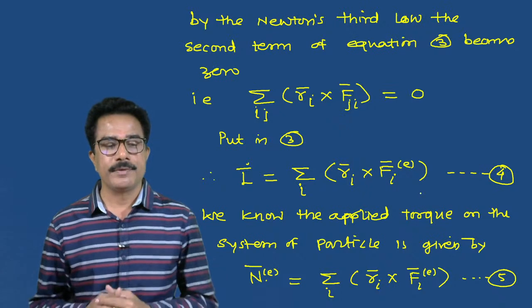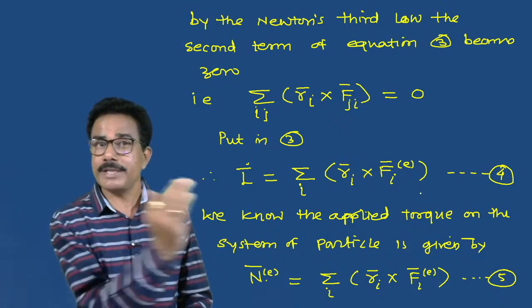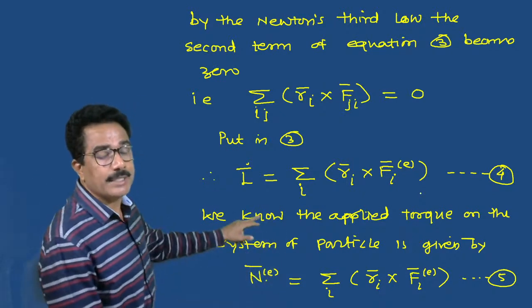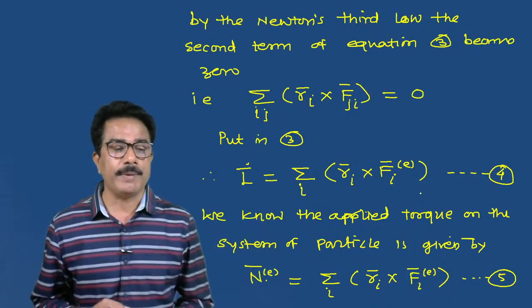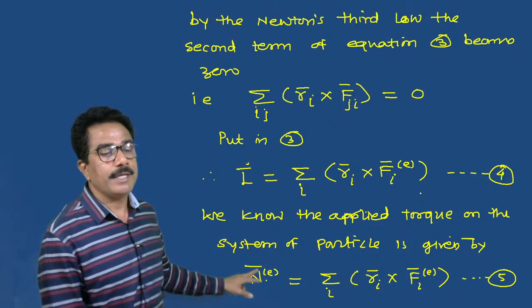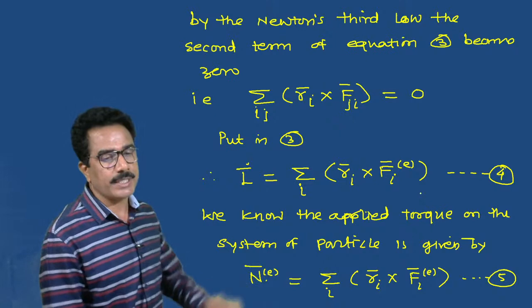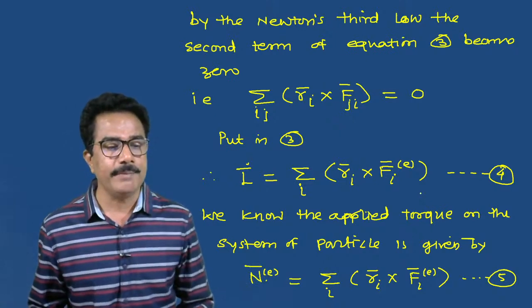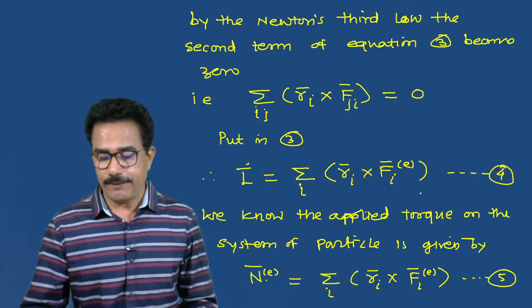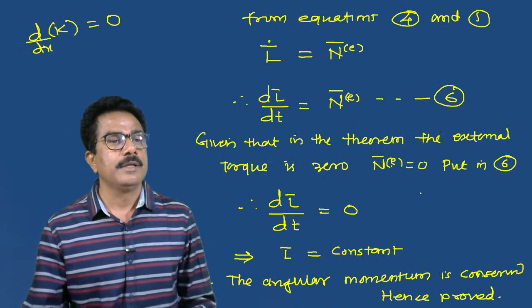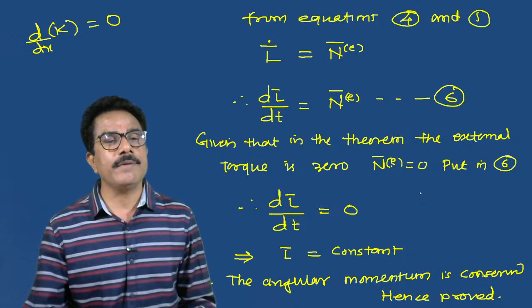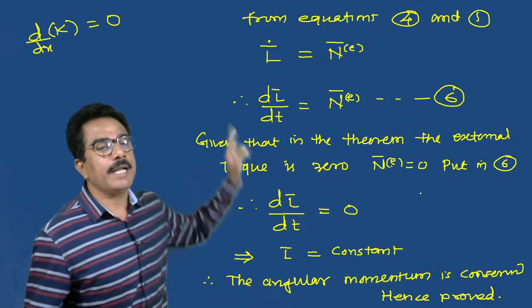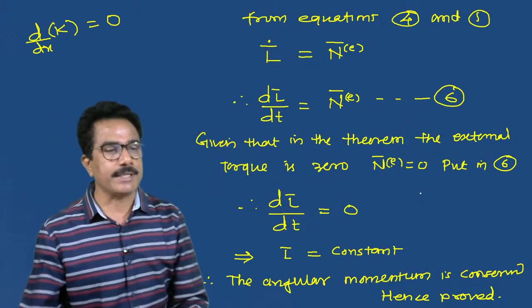Now move towards the torque. We know that the applied torque on the system of particles is given by N bar external is equals to summation over i of ri cross fi external. From equations 4 and 5, L bar dot is equals to N bar external.